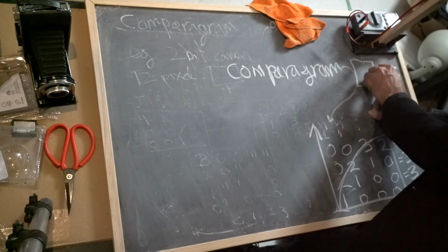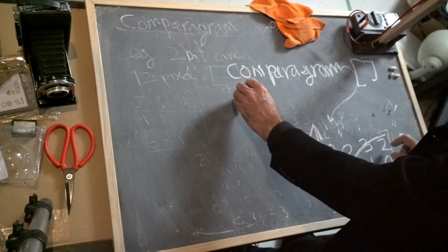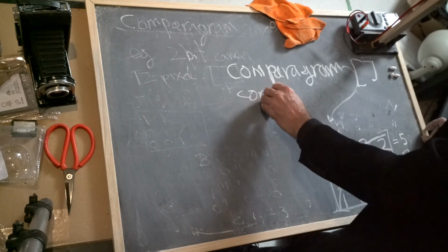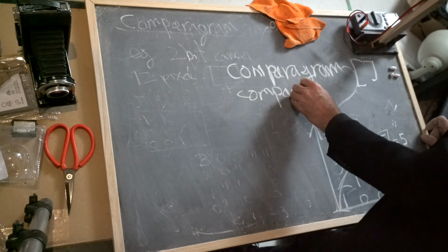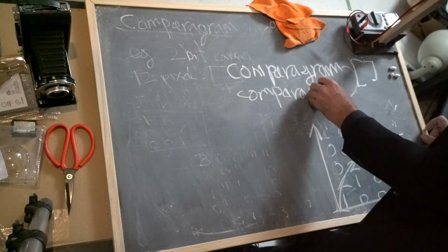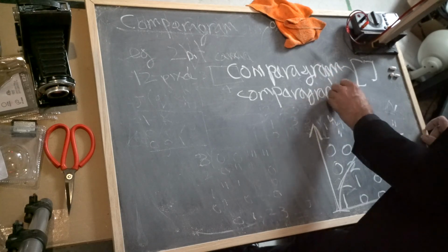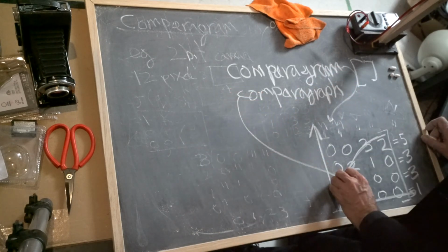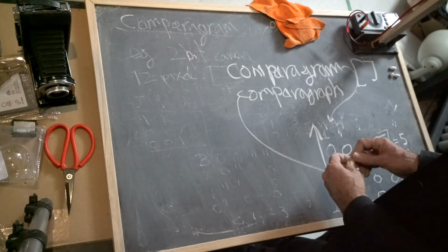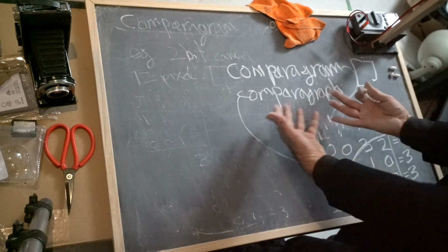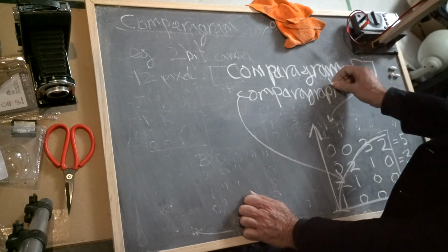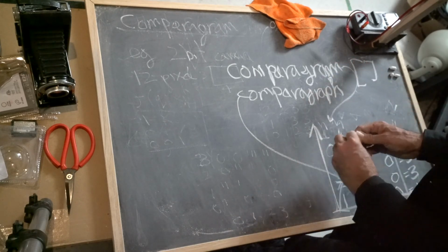A comparagram is a matrix. And this is a comparagraph. So the comparagraph is that smooth curve that fits through the points in the comparagram. The comparagraph is the graph of the comparametric equation.